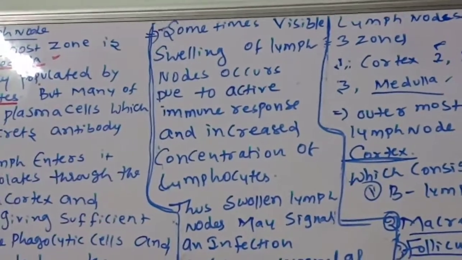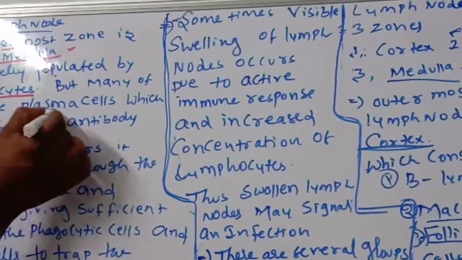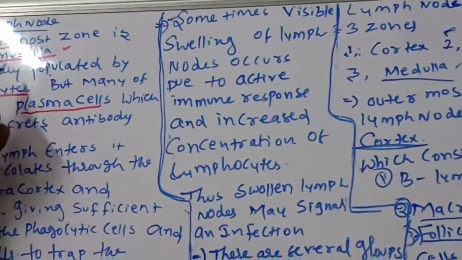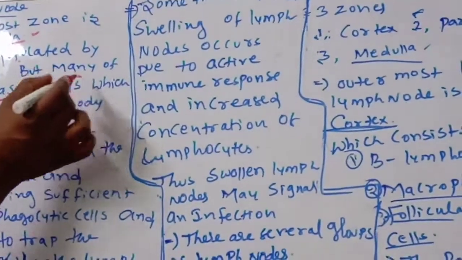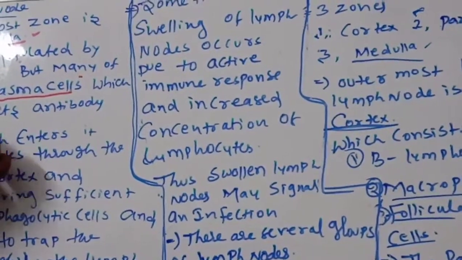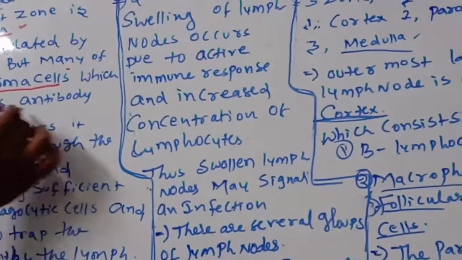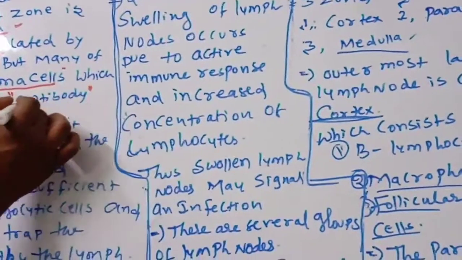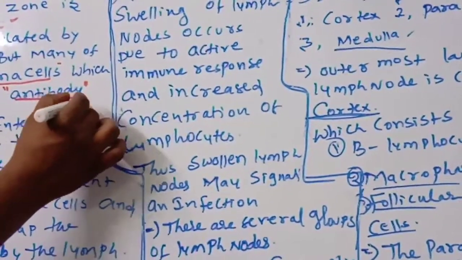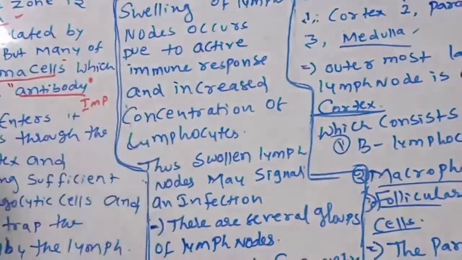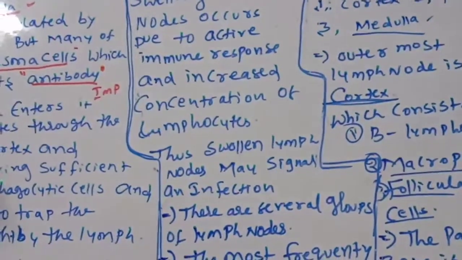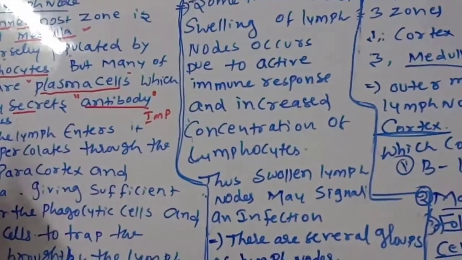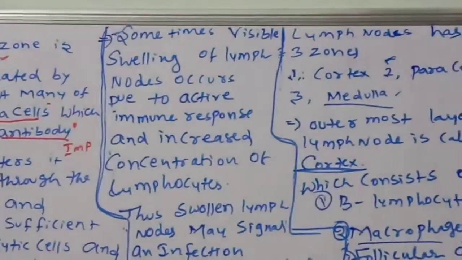Lymphocytes are there, but many of them are plasma cells. In the medulla region, many plasma cells actively secrete antibody molecules. This point you have to remember.